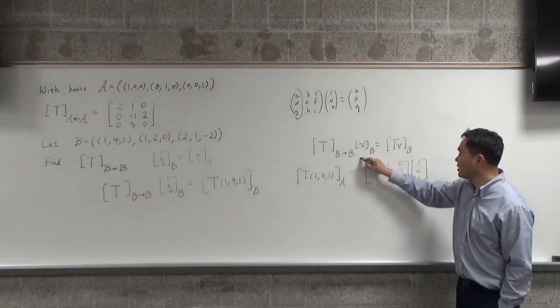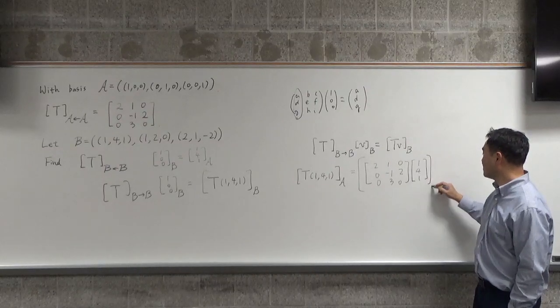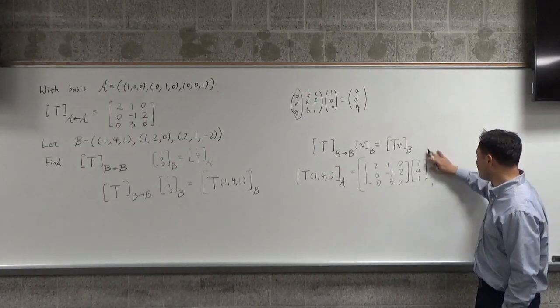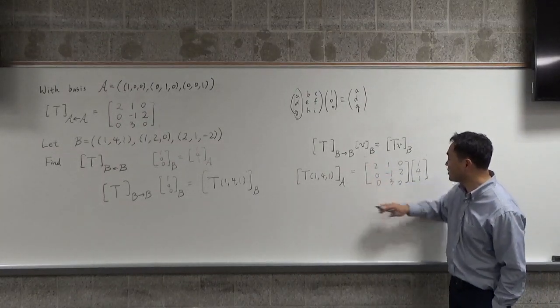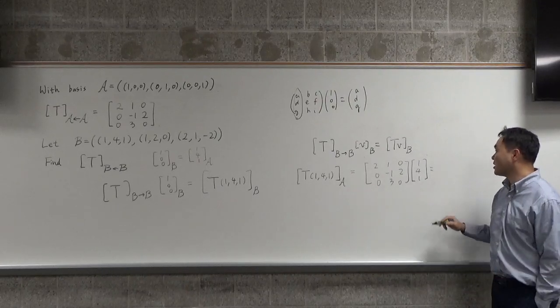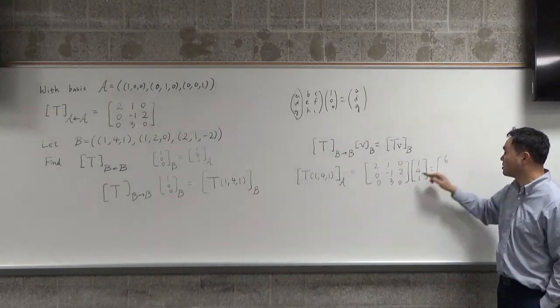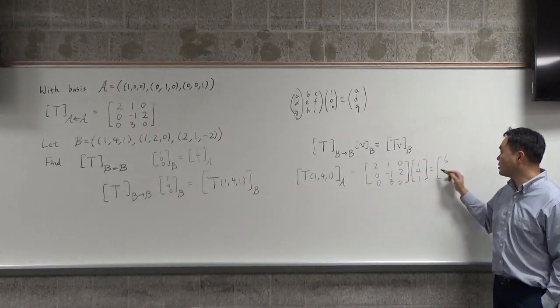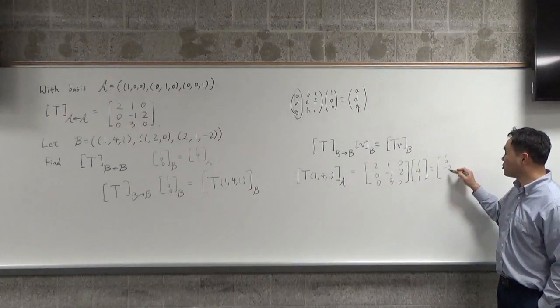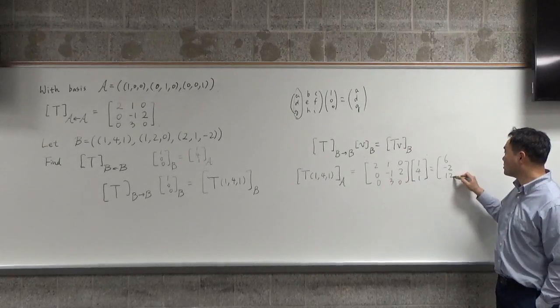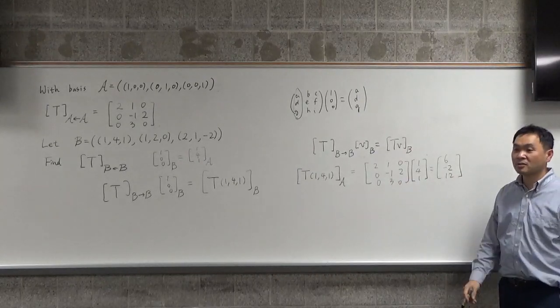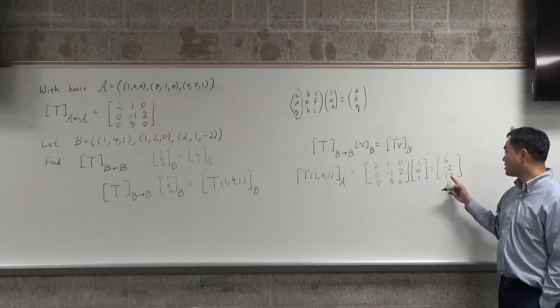This is already in basis A. Let's calculate it. It's 2 plus 4, so the first thing is 6. Negative 4 plus 2, so negative 2. And then 12. Okay? So that's what you get.